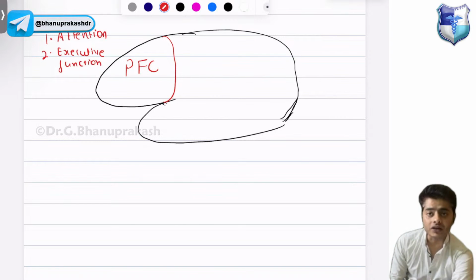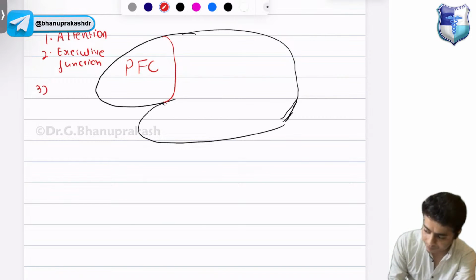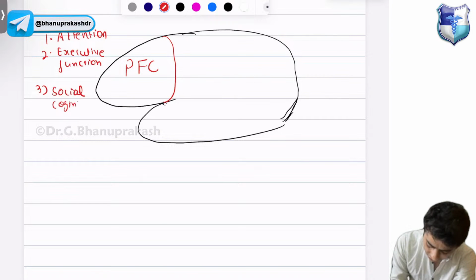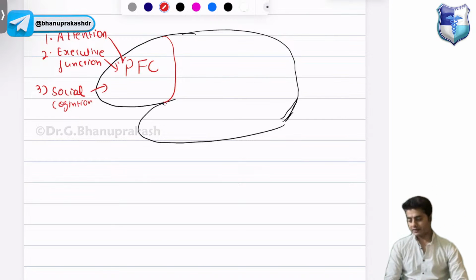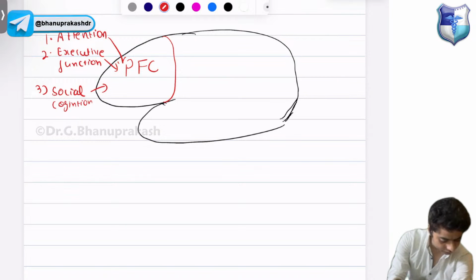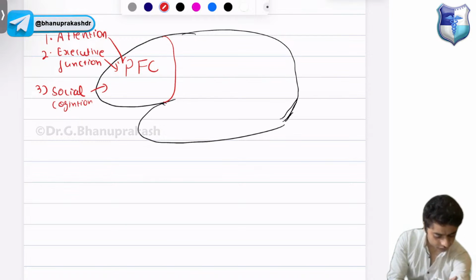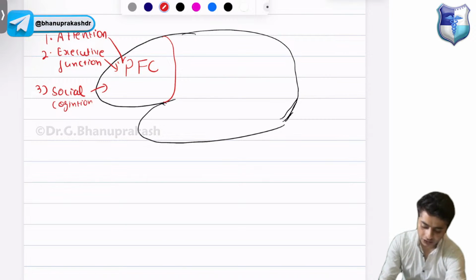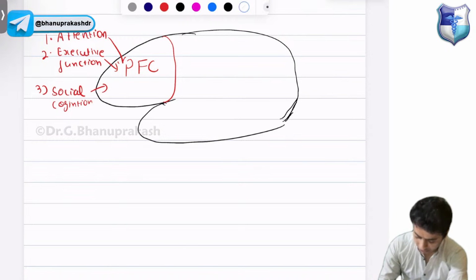It controls your social cognition. All these are done by your prefrontal cortex. Yes, Rishali, you are correct.